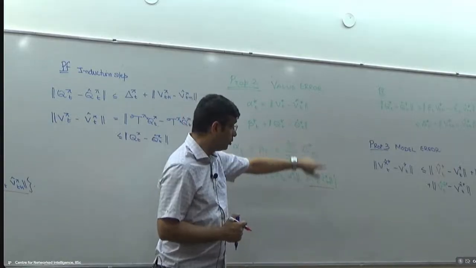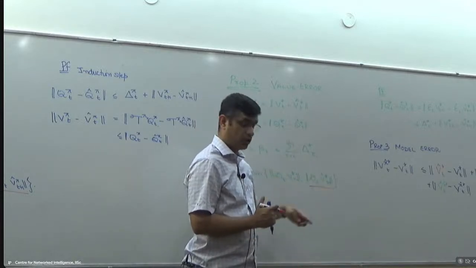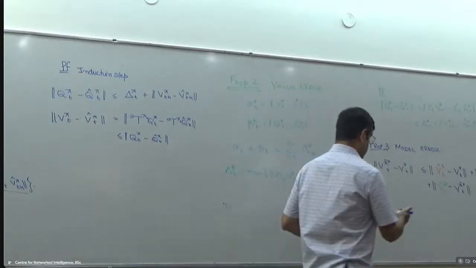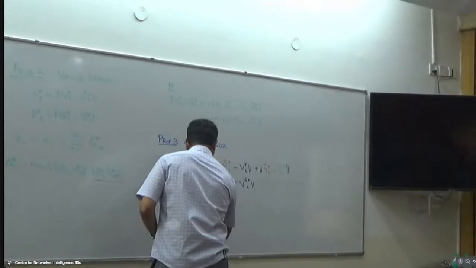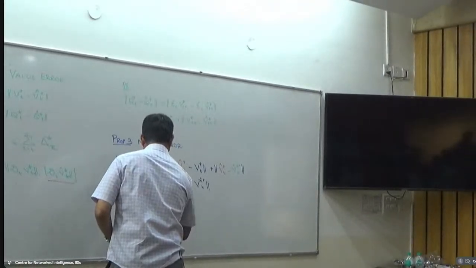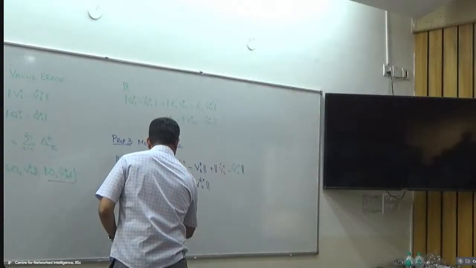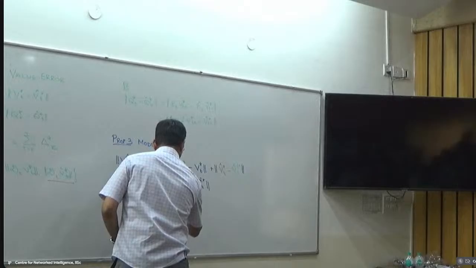In both these cases, I am going to get terms which is the mismatch operator applied on v hat star. So, my final result becomes this is less than or equal to twice summation tau equals t to capital T, the norm of the mismatch operator applied to v hat star t plus 1.